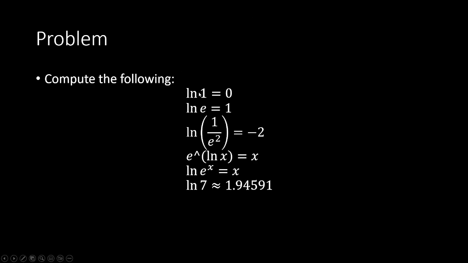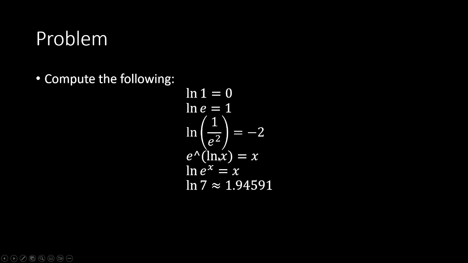The natural log of 1 is 0, because anything to the 0th power will give you 1. These are opposites, so they cancel each other out. In here, the natural log of 1 over e squared, those cancel out, and you get negative 2.